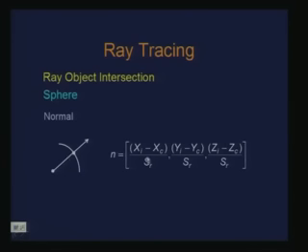So, this is the normal, which is (x_I - x_c), where x_c, y_c, z_c are the coordinates of the center, right, and S_r is the radius. So, this is a unit normal vector at the point of intersection which you have computed. Right. Calculation of normal is essential because we would like to compute the illumination at that point, which comes from the normal, right.